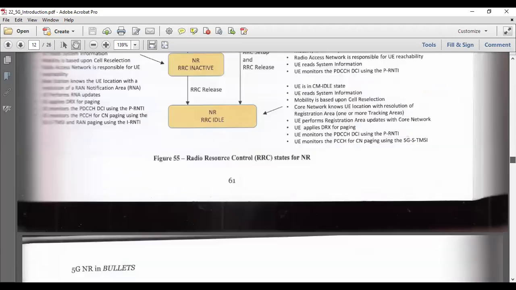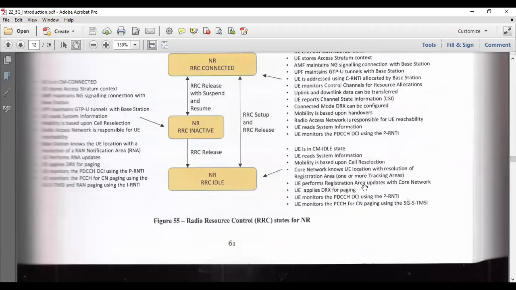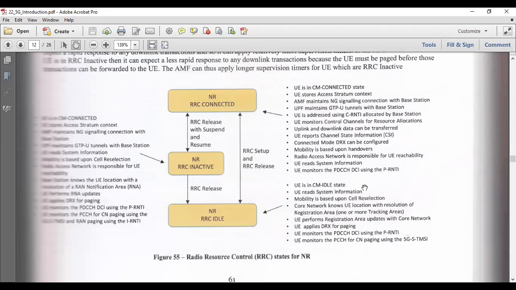We explain the RRC inactive connectivity state and see that it's somewhere in between RRC connected and idle state. So you can quickly go back to connectivity state. When you are in RRC connected state, some set of information is settled, and on both sides this information is stored.